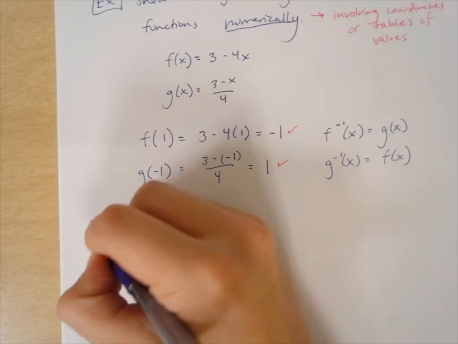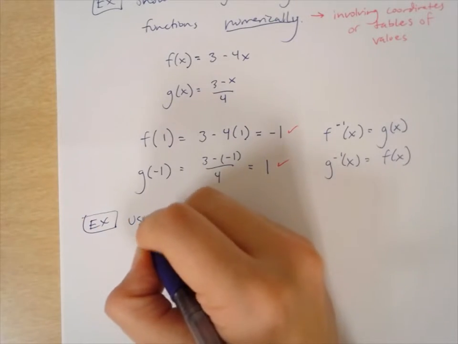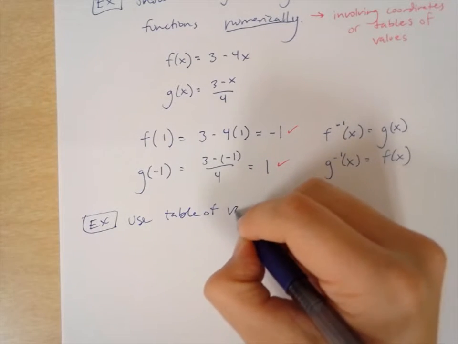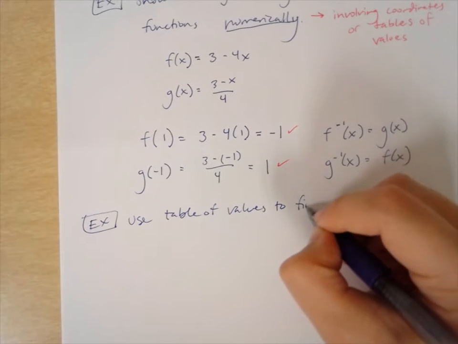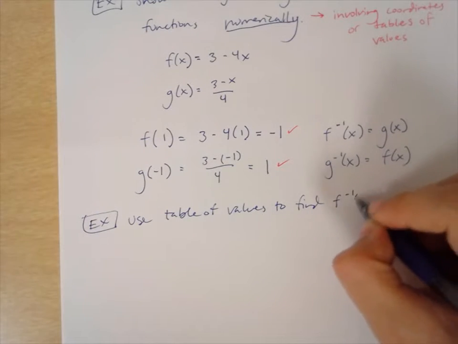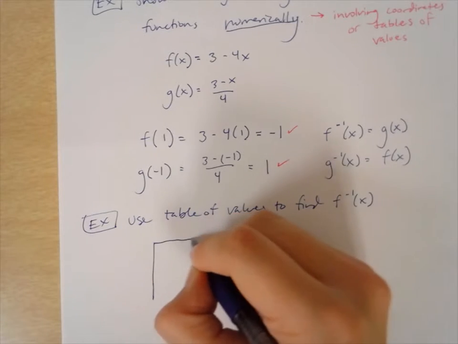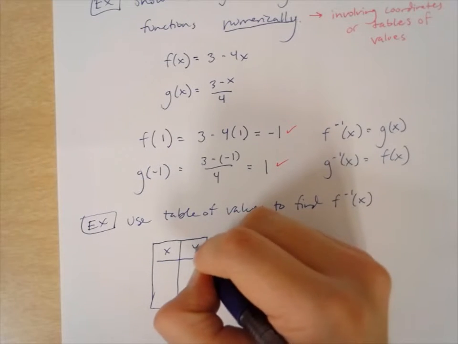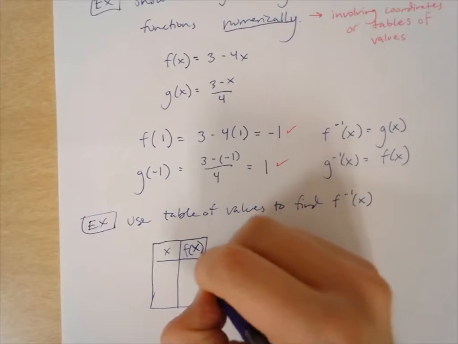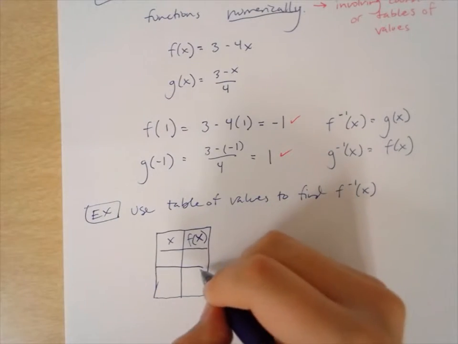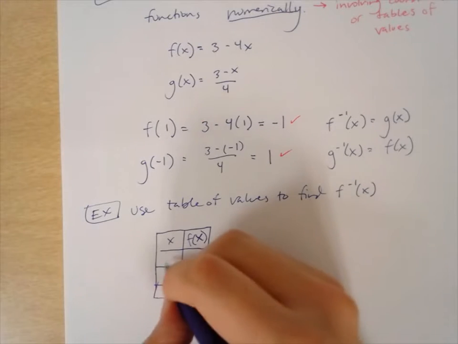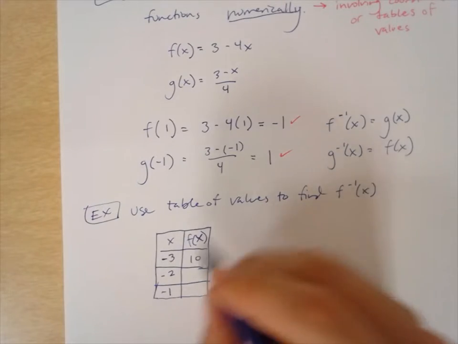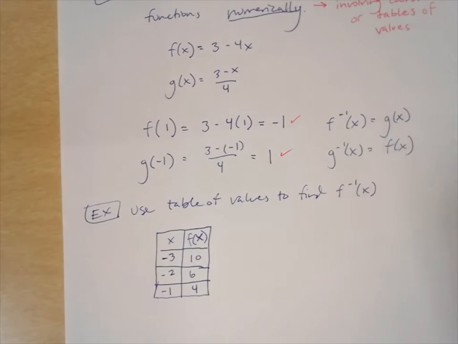Another way to prove this, yet another way, is to look at a table. So, if we're asked to use a table of values to find f to the negative 1 of x, and we're given the following table, x and f of x, and we have the following 3 points. Say that we had negative 3, negative 2, negative 1, and for f of x we got 10, 6, and 4.